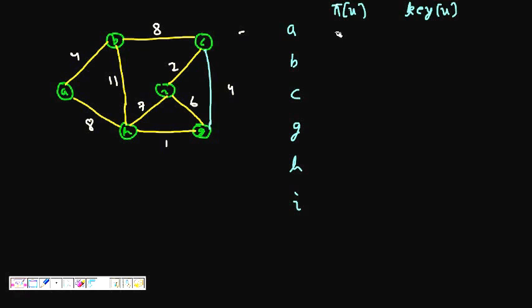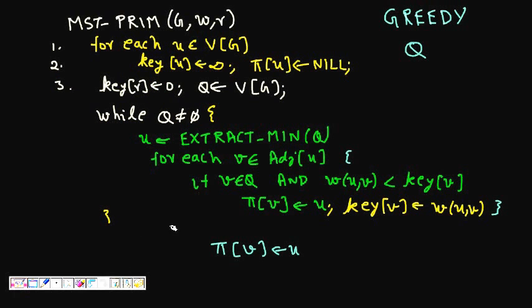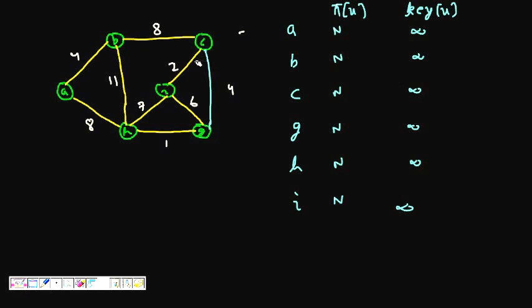Initially for each of them the parent is nil, no parent is assigned, and the key is infinity in each one of them. Then we want to start with a root, so we make our root here and set its value.